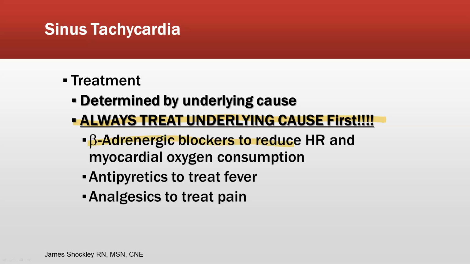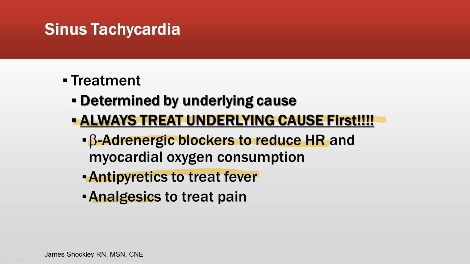So typically what you would see is either a labetalol. You could potentially see a metoprolol. We want to get that heart rate down. So if the source is because they have an infection, I could give antipyretics. I could make sure that they're getting their antibiotics as prescribed.